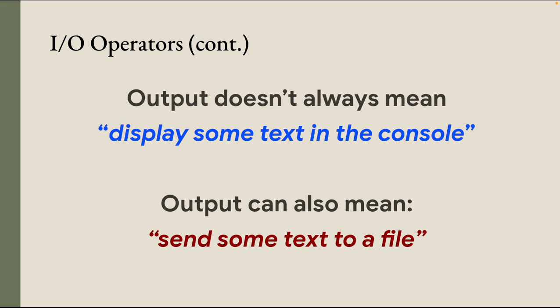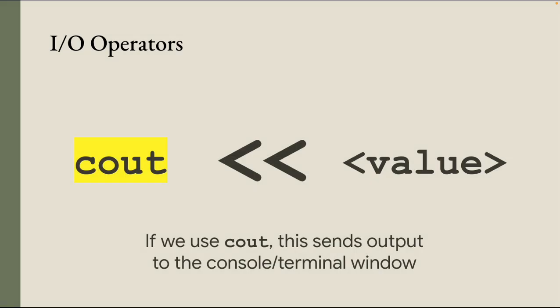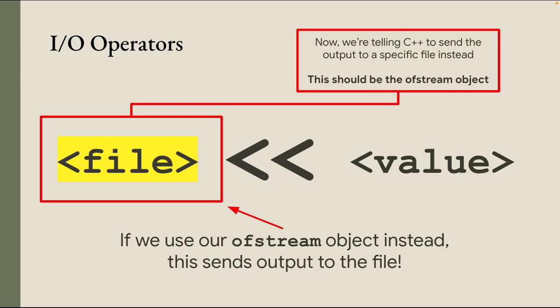Output doesn't always have to mean print out these values in the console though. It can also mean send this data to a file. So just like cout sends it to a terminal window, we can literally just replace cout with the output file object. This sends that data to the output file instead.